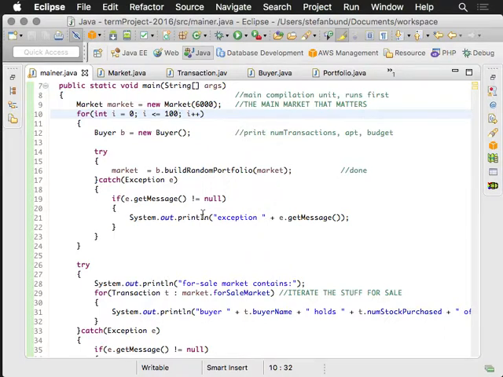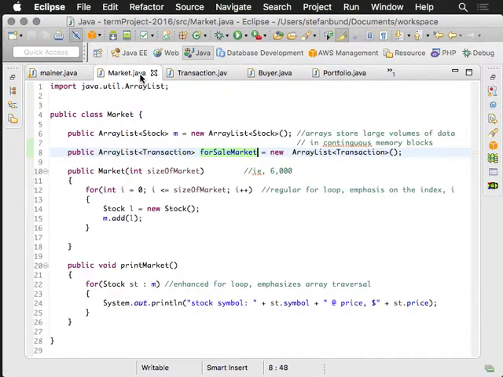And so when we come back next time, we'll talk about how to transition into that, how to buy stock from other people. And what we'll likely do is use techniques that you're already familiar with, which is searching the for sale market for stuff that has a particular symbol. And then if we buy it from that person, your budget will be reduced, and that person's budget will bloom, right? Their budget will go up, which is kind of the art and craft of arbitrage, or making money on the stock market.